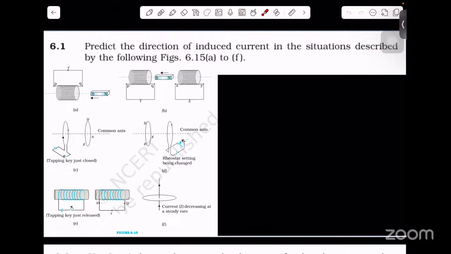Good evening to everyone who has joined us live today for the discussion of the Class 12th NCERT Exercise Solution Series of Physics. Today we are taking up Chapter 6, which is Electromagnetic Induction, EMI.